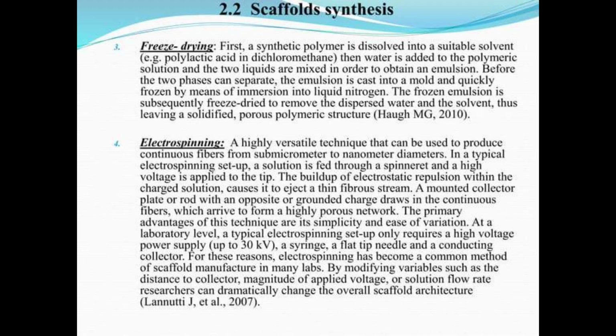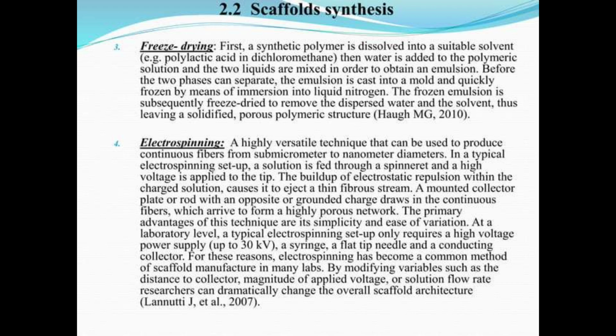Electrospinning is the method whereby a fiber structure is made, where the fiber mesh is at the submicrometer or nanometer level. Just like a thread, it is created and spun over the particular shape, creating a fibrous material, a thin fibrous stream.